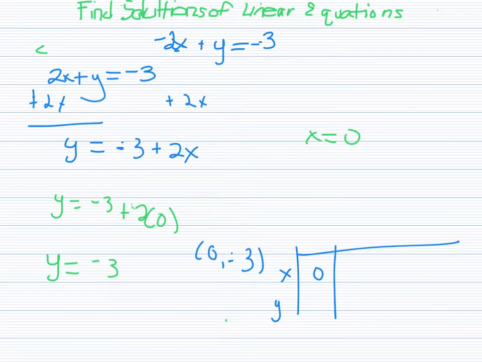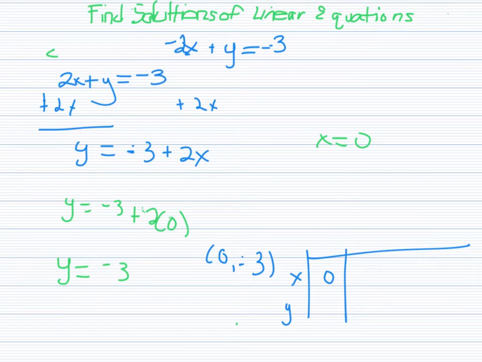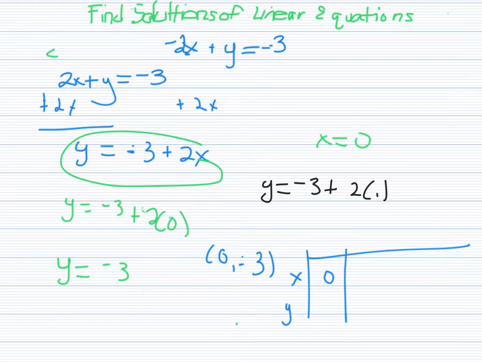So I went back to where we were because I was making it more confusing than it needed to be. So we're looking at this part of the equation right there. And all we have to do now in this case is just substitute the 1 in right there. So y equals -3 plus 2 times 1.